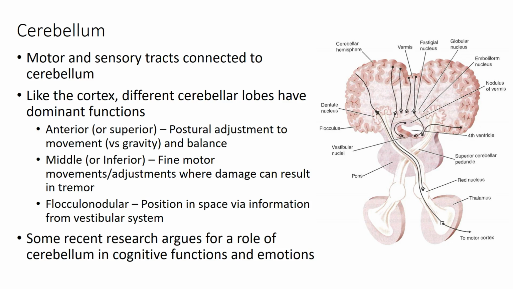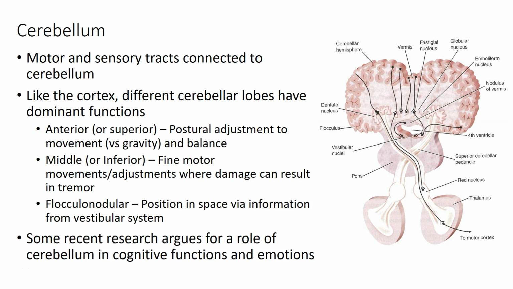Studies of cerebellar function have found that the anterior cortex inside the cerebellum is primarily involved in controlling posture as you move and balance relative to gravity. The middle lobe of the cerebellum is involved in a lot of fine motor movement, so doing fine work with your hands, for example, or speech articulation, which involves a lot of fine motor movements.